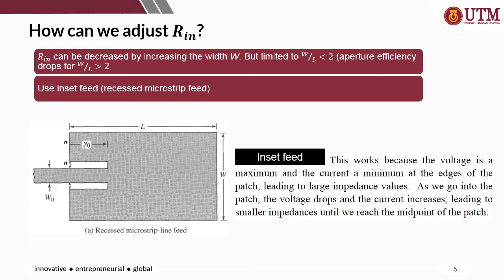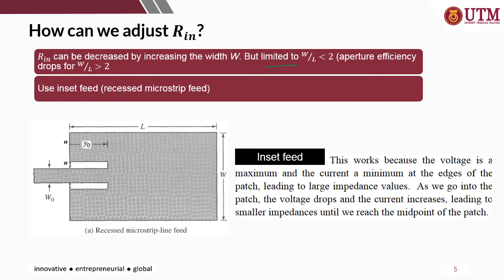However, this method is only limited to the ratio of W over L less than 2, because the aperture efficiency may drop when the ratio between W and L is larger than 2. Another method to adjust the input resistance is by using the inset feed or recessed microstrip feed, in which we can control the position of the feed point.